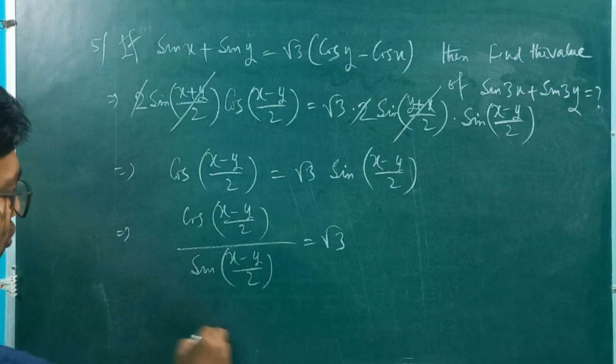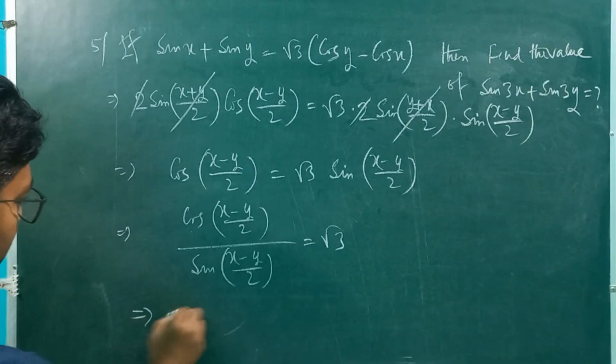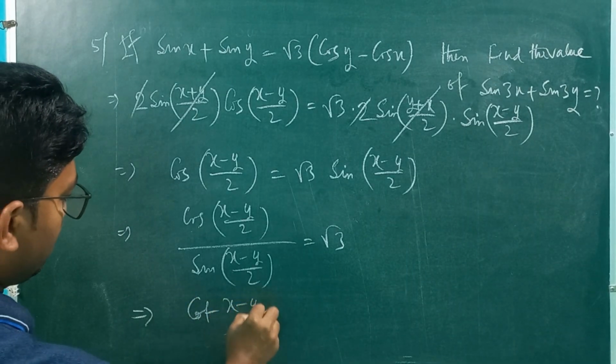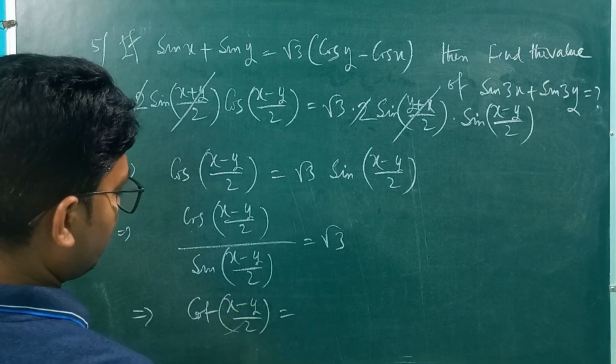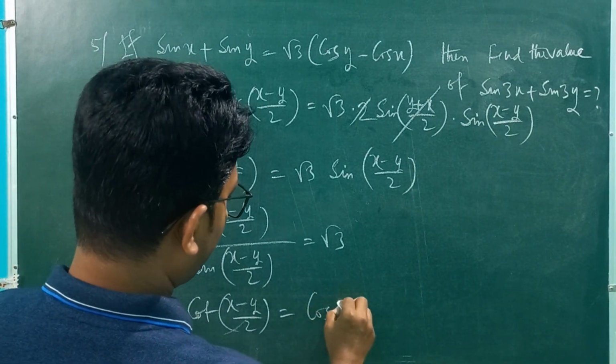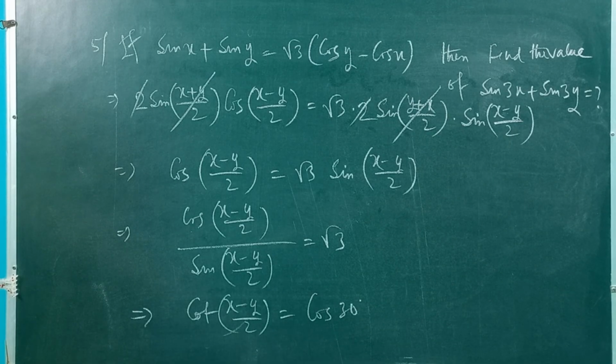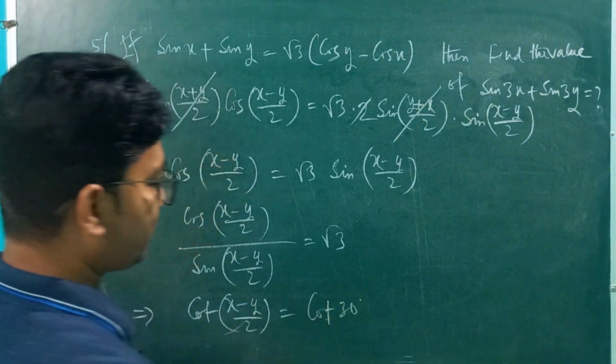So this one is cos theta by sin theta, that is cot x minus y by 2, root 3 means cot 30 degree.